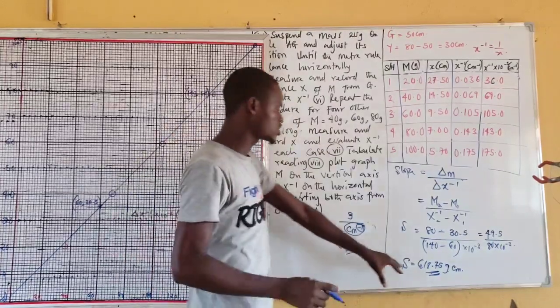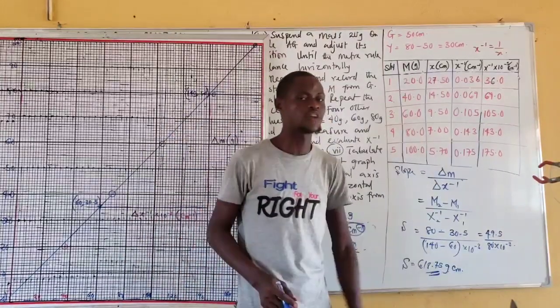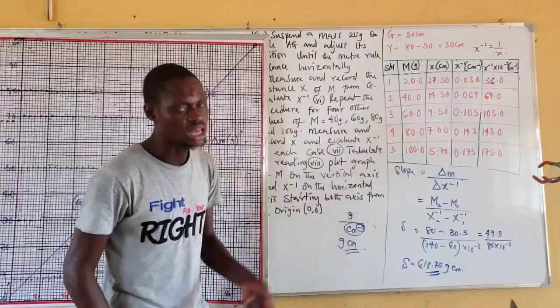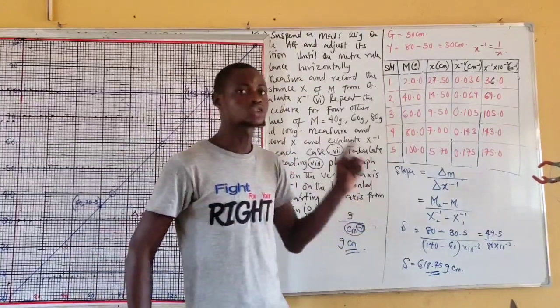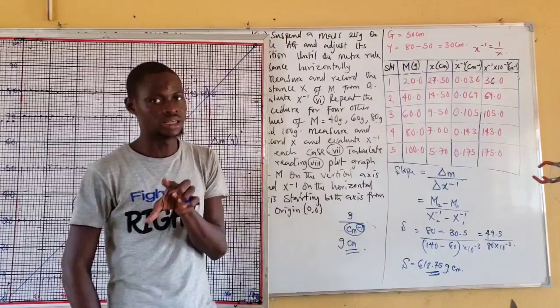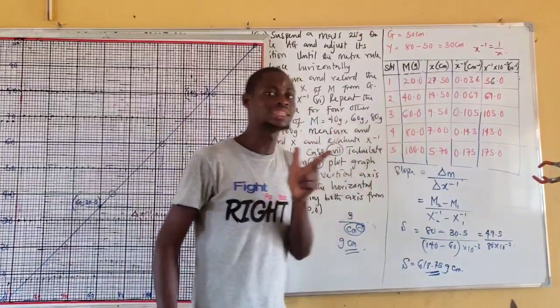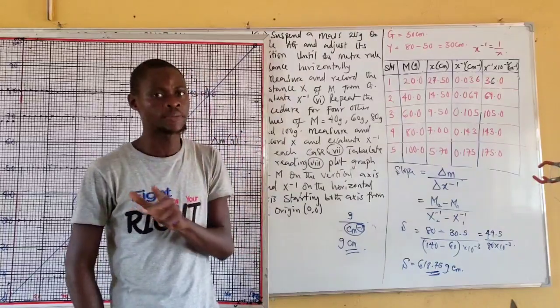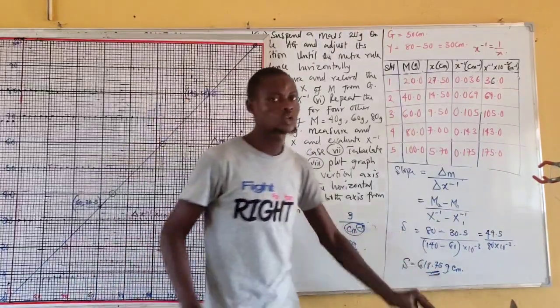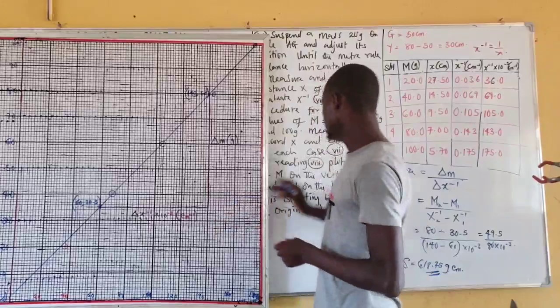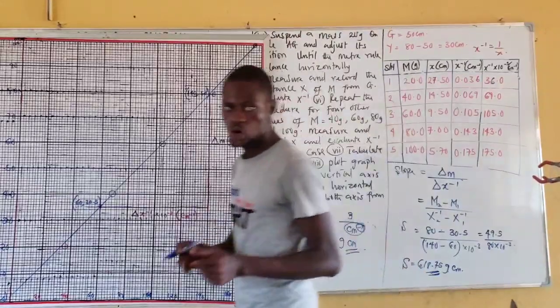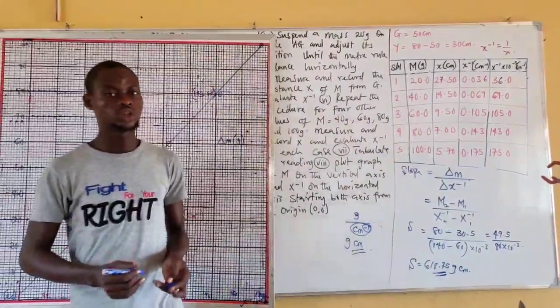That is the value, which is equal to 618.75 gram centimeter. That is our slope. And your slope should denote the moment, because moment is the product of force or weight and the perpendicular distance, which is what we have gotten here according to what is given to us. Thank you for watching this video.